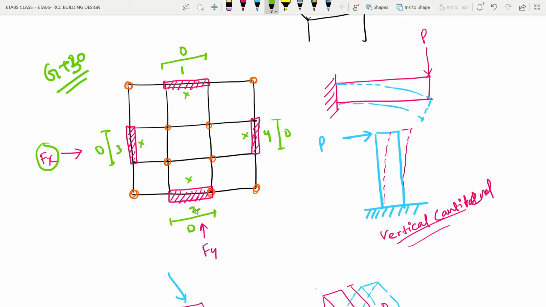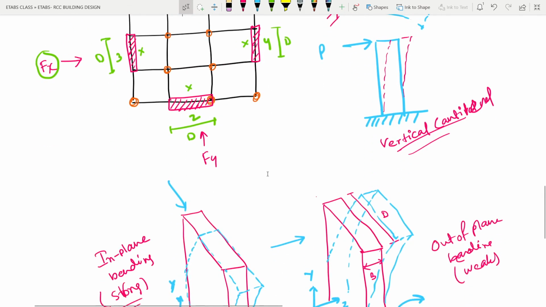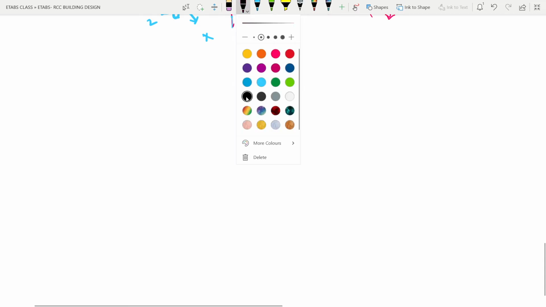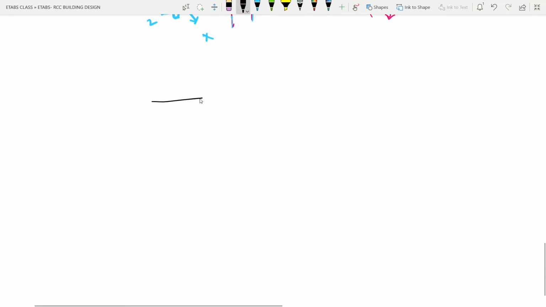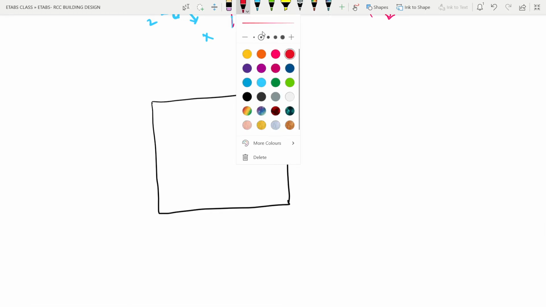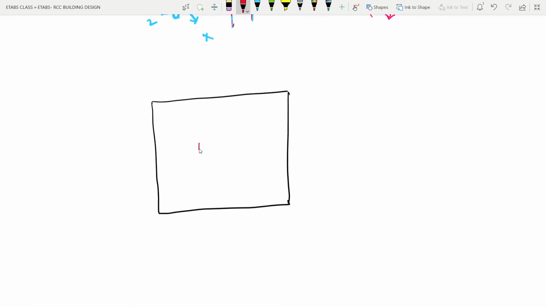right? So that's why the structural engineers came up with another system which is called the core wall. So I will just draw a similar kind of frame, suppose like this, and at the center of the building, I will draw a box type of thing.